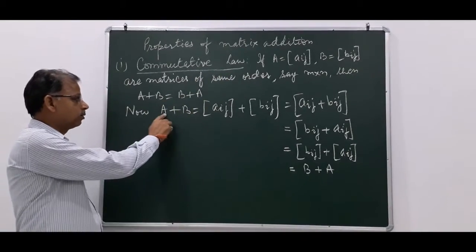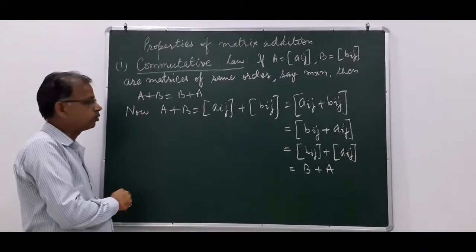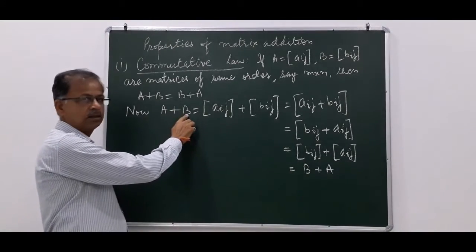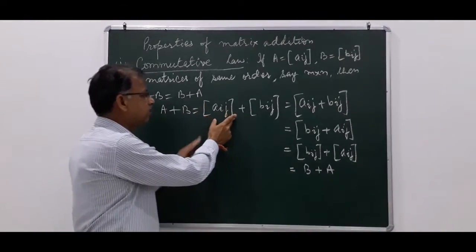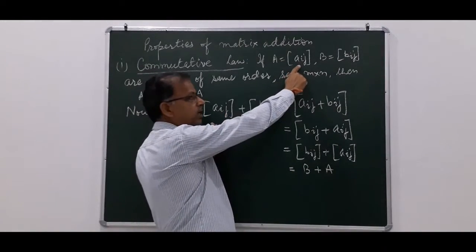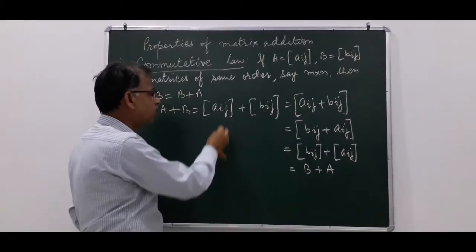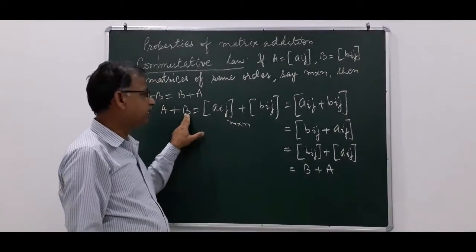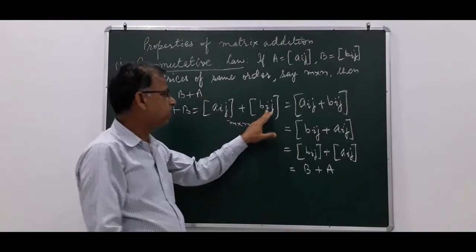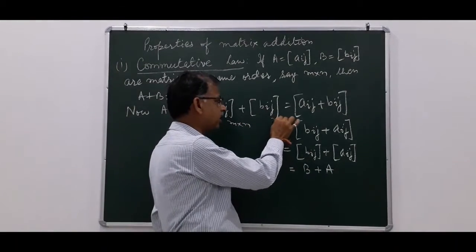Now we prove it. A plus B is, what is matrix A? Matrix A can be written in general form as Aij, and order of this matrix is m by n. Now matrix B is Bij, and order of matrix B is m by n.